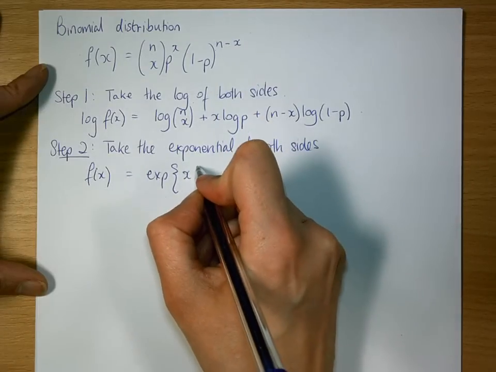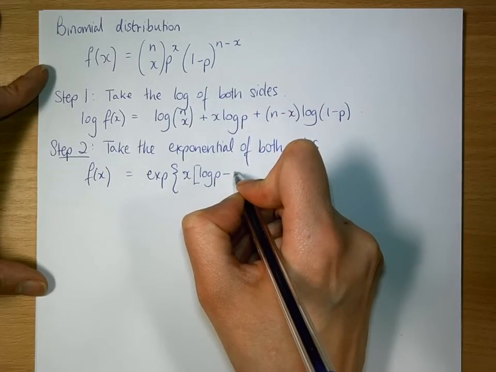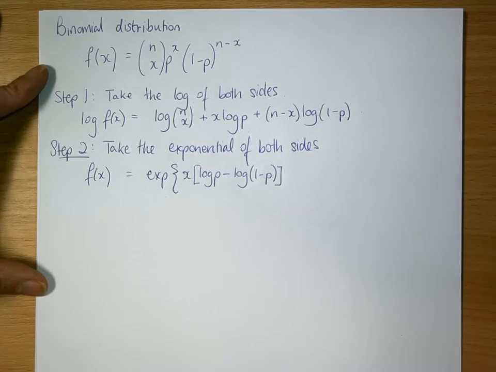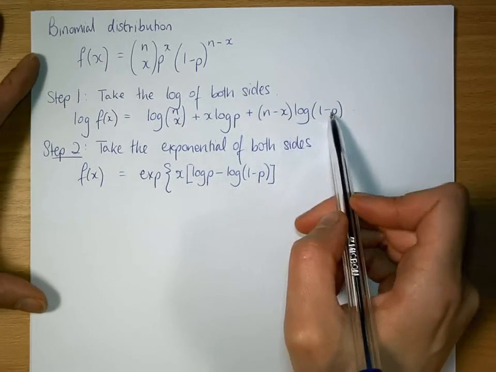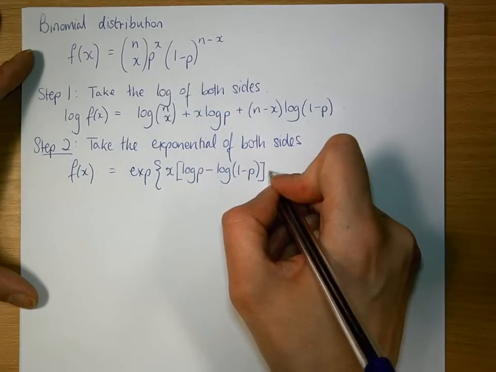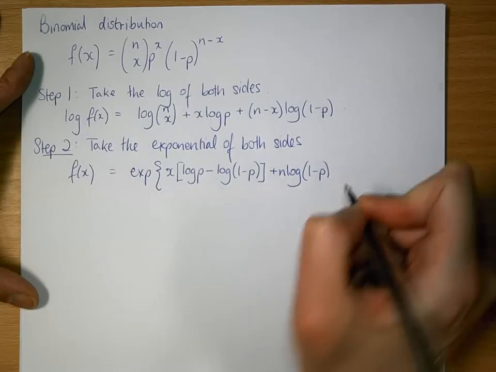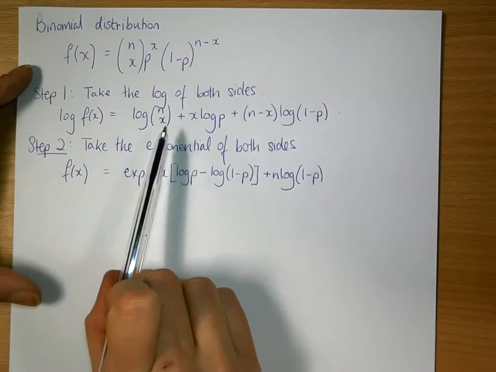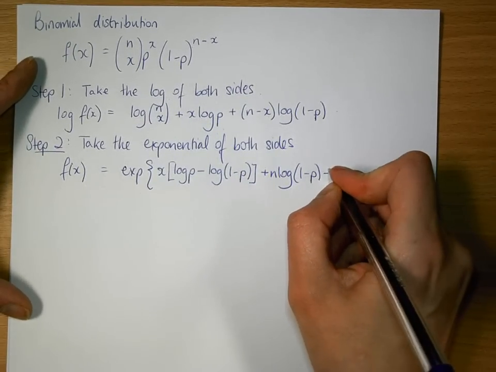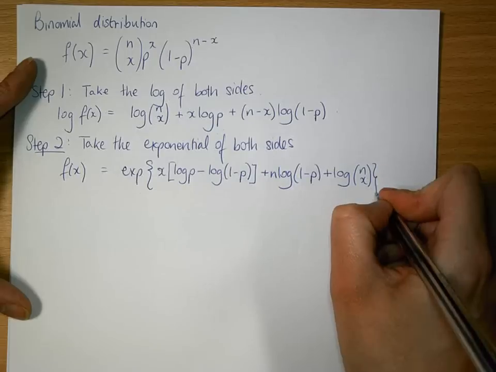So that's x times log of p minus log of 1 minus p. Then your terms just containing your parameter, which is just p, n is a fixed variable, so that's plus n times log of 1 minus p, and then containing your data and any fixed constants that aren't linked to your parameter, plus log of n choose x.